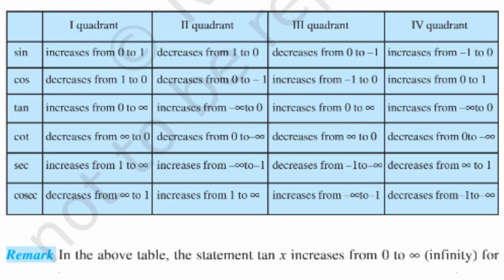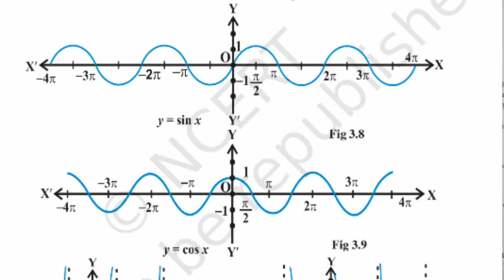So look at the graph now. The first graph is for sin x, the second graph is for cos x. Now for sin x, you can see that from 0 to pi there is a loop which is positive, then from pi to 2 pi it's negative, then from 2 pi to 3 pi again positive, and then again negative.